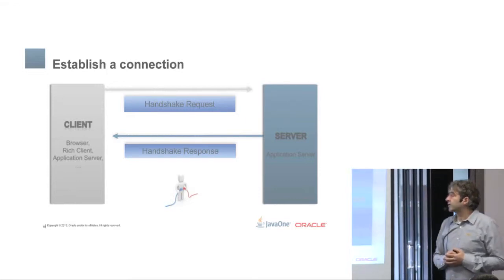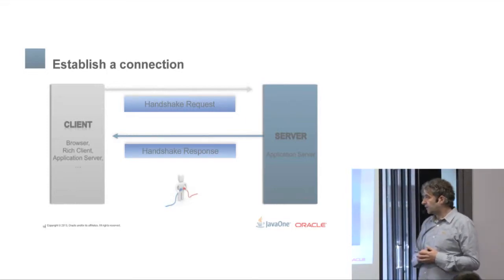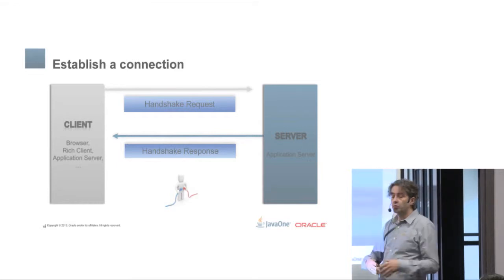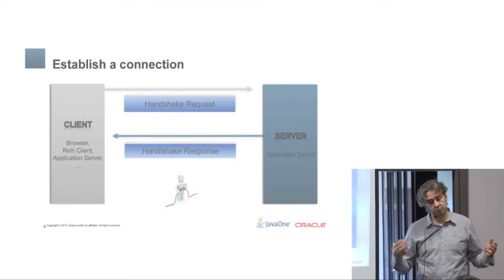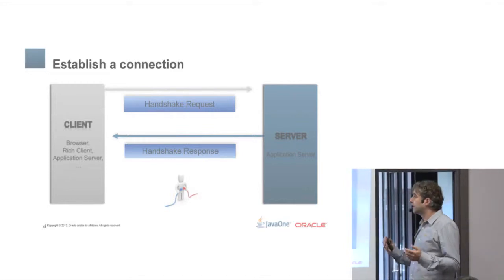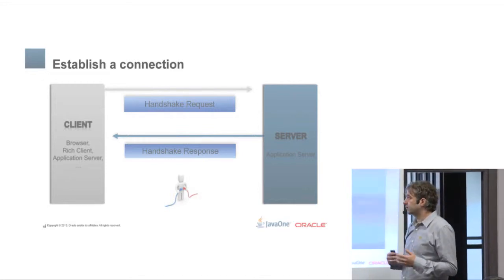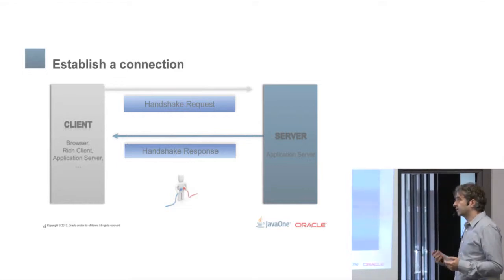So, establishing the connection. On the client side, we have a WebSocket client. It can be a web browser, it can be a Java application. It doesn't really matter. As soon as we're complying with the WebSocket standard, it will work the same way.